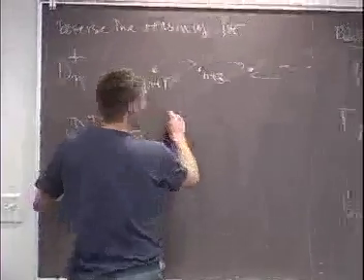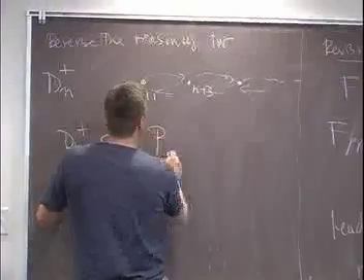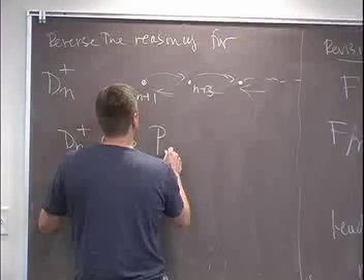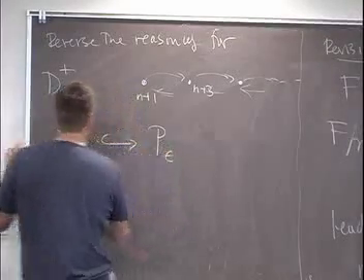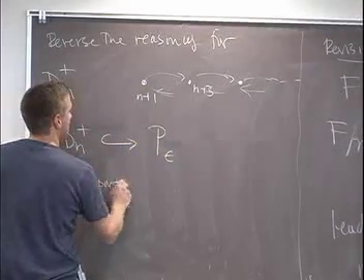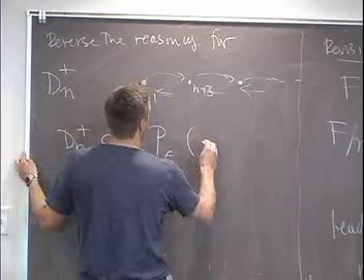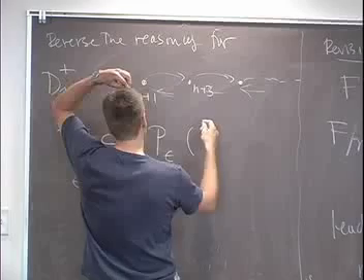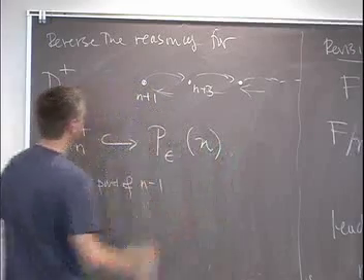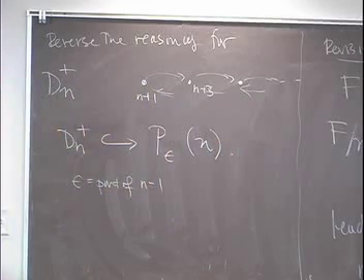So it embeds into P epsilon, where epsilon is the parity of n plus 1 or n minus 1. And then what I put here is n. Is that right? Yes, that's right.